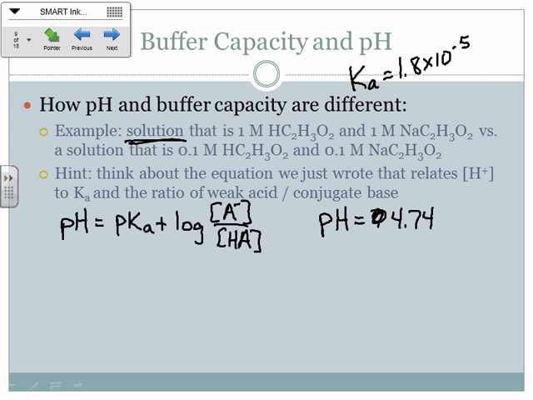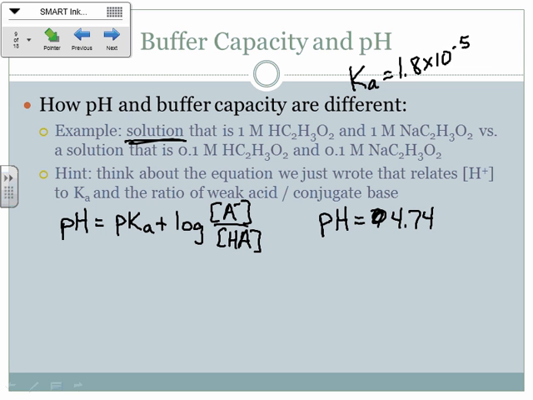Well, what about the second one? Can you just look at that and tell what the pH is going to be? Well, let's see. Using the same equation, we've got 0.1 molar of the acid and 0.1 molar of the base, right?